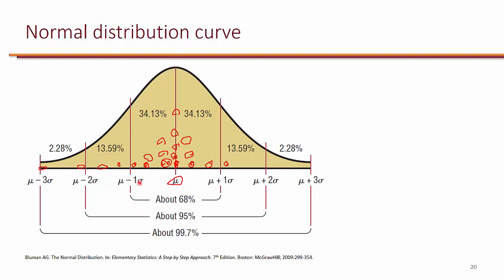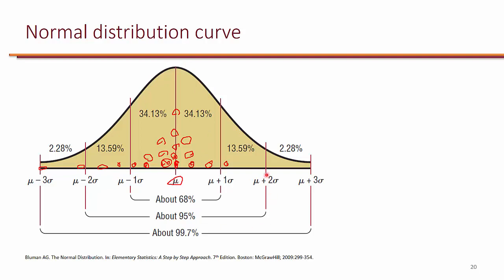You can see this is one standard deviation, plus or minus, and then you have two standard deviations, and up to three. One standard deviation away from your mean captures 68% of the distribution.